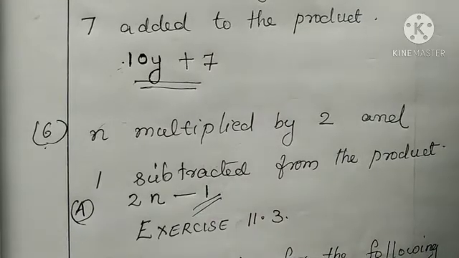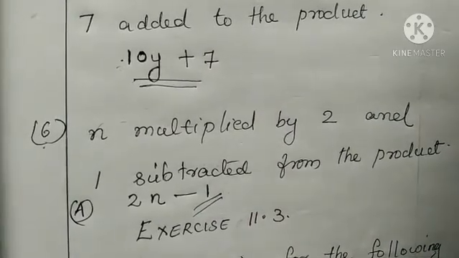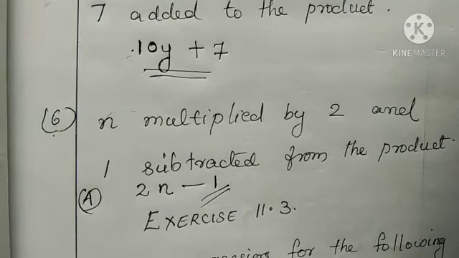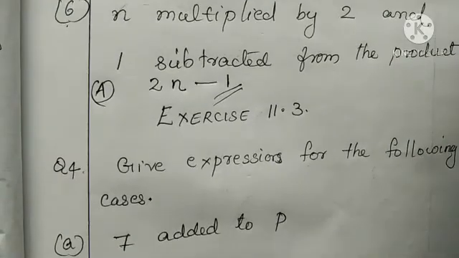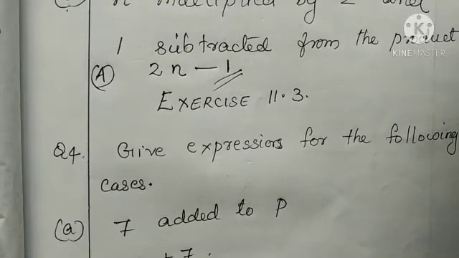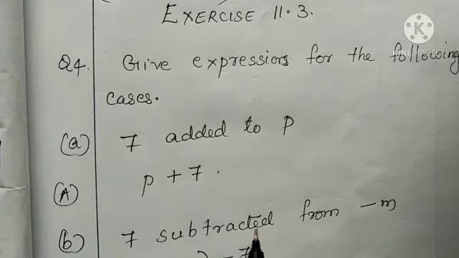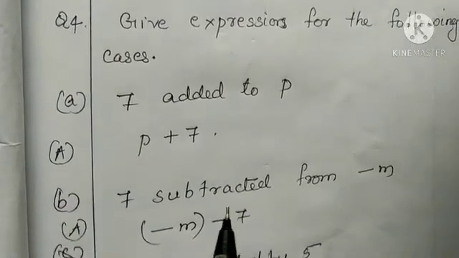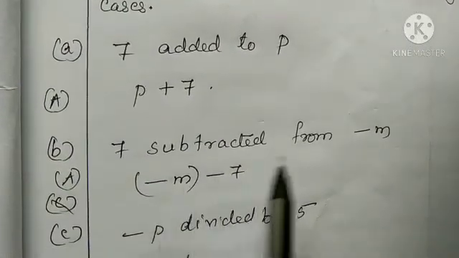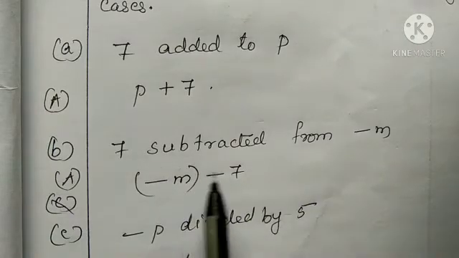Okay. Next we can do exercise 11.3, the same set of questions. Give expressions for the following cases. 7 added to p. How will you write? p plus 7. 7 subtracted from negative m. Negative m minus 7.